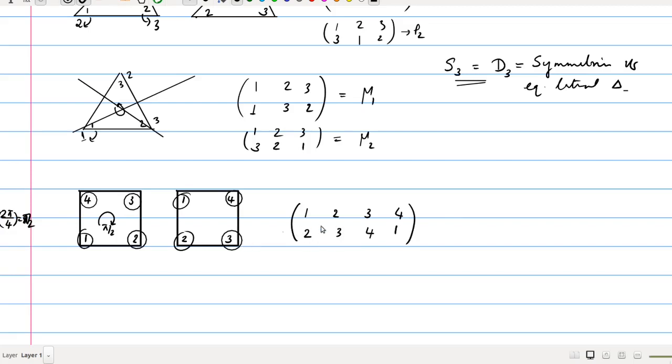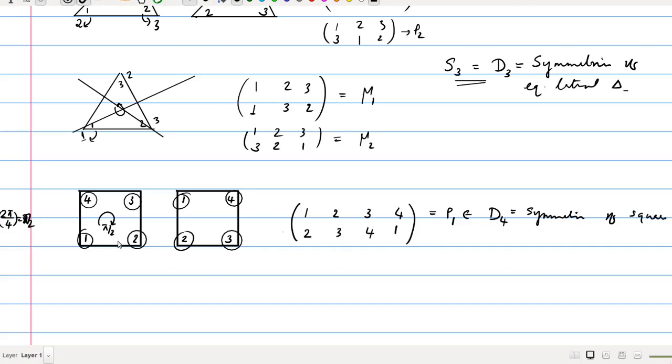So this defines a one-one onto function from a set of 4 elements to itself, and we call this rho 1. This rho 1 is an element of D4. What is D4? D4 is the permutations due to the symmetries of a square, that means a regular polygon with 4 sides.